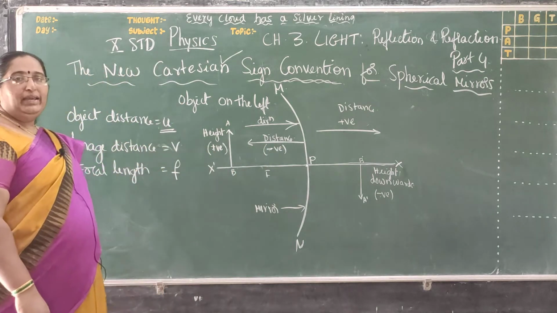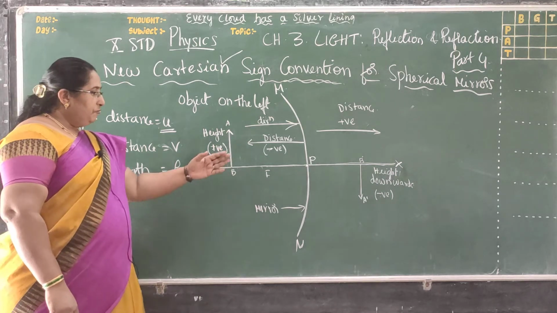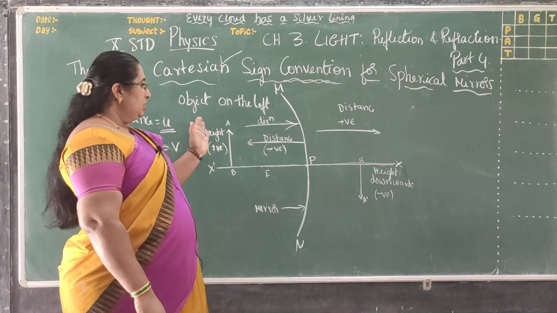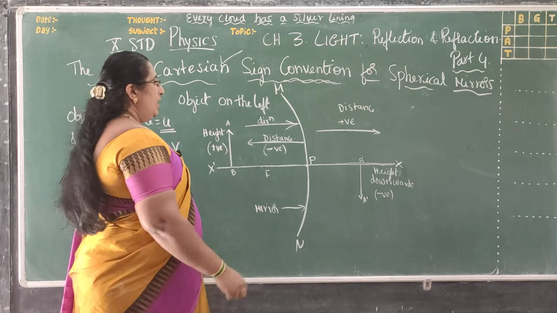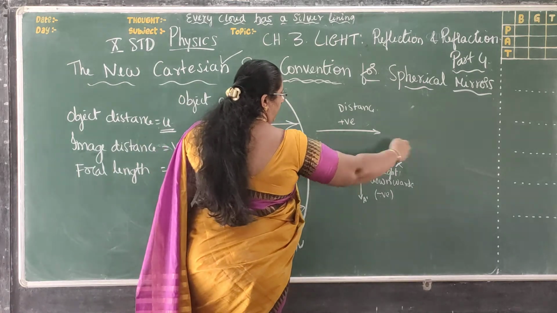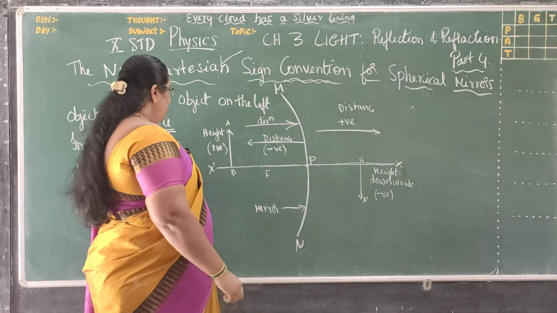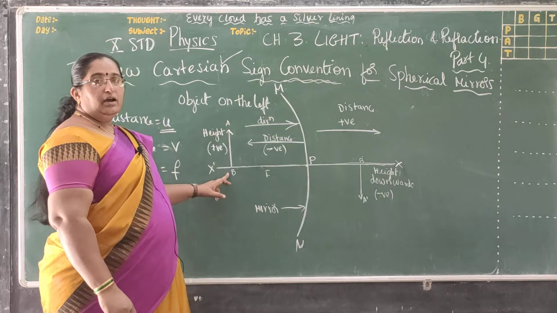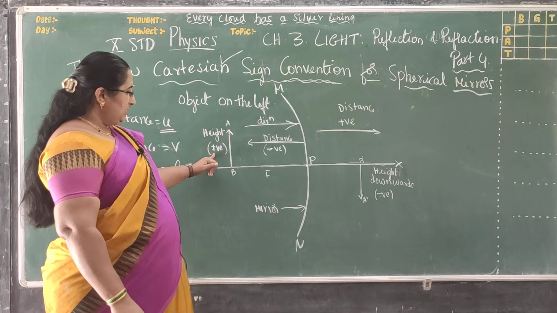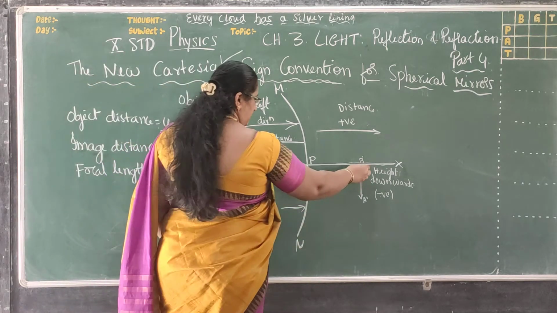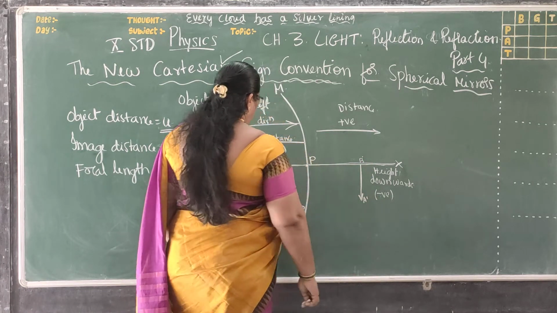Whatever is measured towards the left is taken as negative, and distance measured rightwards is taken as positive. The height of the object which is upwards is taken as positive, and the height of the image or object which is downwards is taken as negative.